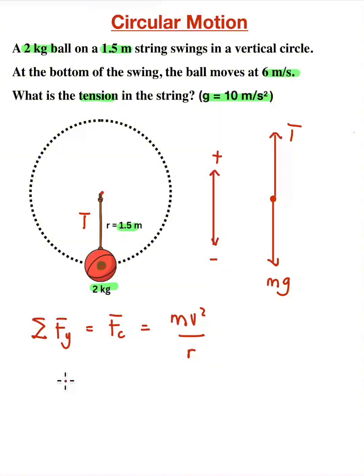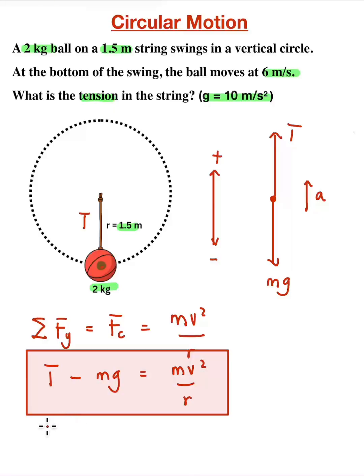So in the vertical direction, we have the tension pointing upwards, so positive tension, minus the weight pointing downward, which is minus mg, and that is equal to the centripetal force, which is the mass of the ball times the centripetal acceleration. And remember, the centripetal acceleration points upwards towards the center of the circle. If you look here, it points towards the center of the circle, so it's going to be upwards in this case. So that is why we have mv squared over r.